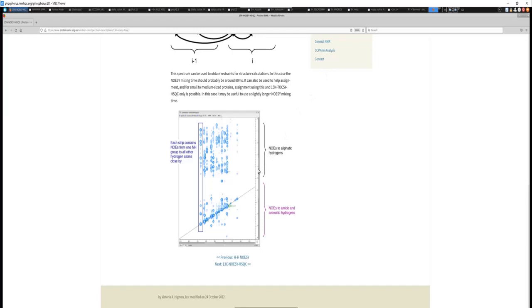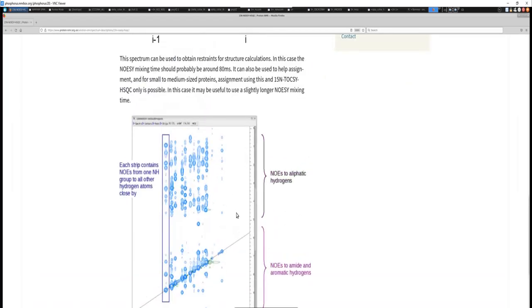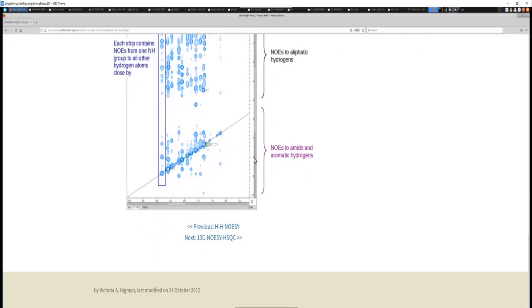And so there are naturally different ranges. For example, let me zoom in. You can't see the axis very well here, but at hydrogen values between 7 to 10, normally nearby hydrogens that are attached to nitrogen, so your amides, is where they show up.